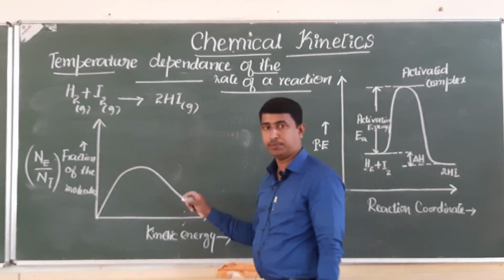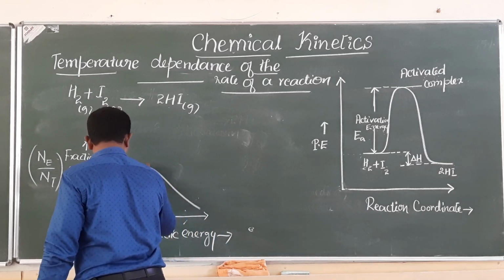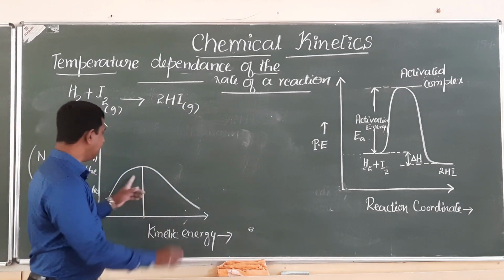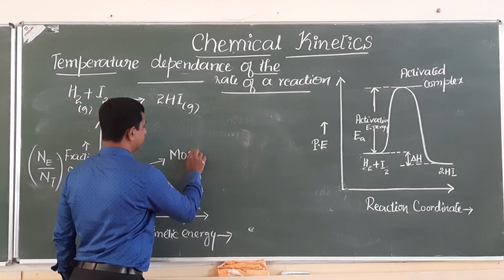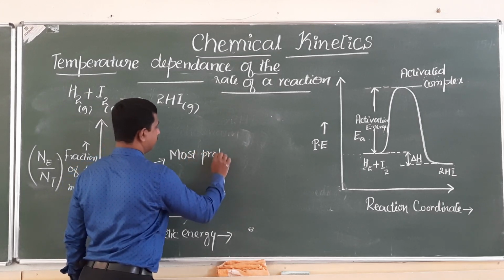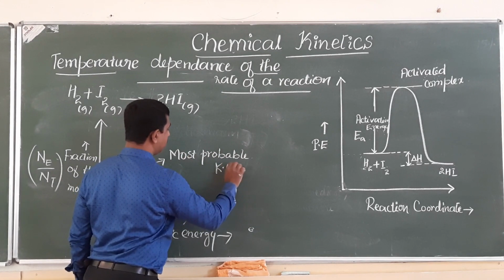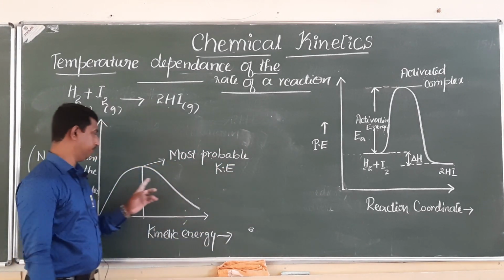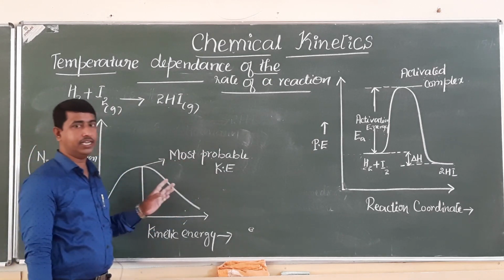So, energy distribution curve. Now, the peak of the curve, what is this? This peak is called the most probable kinetic energy.